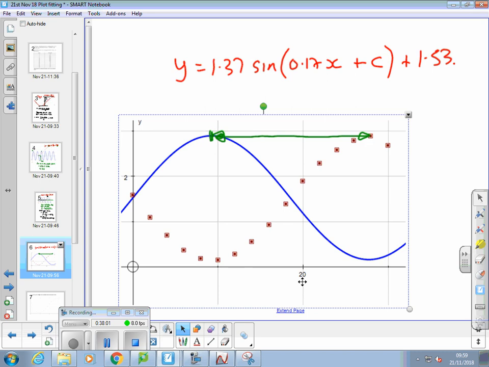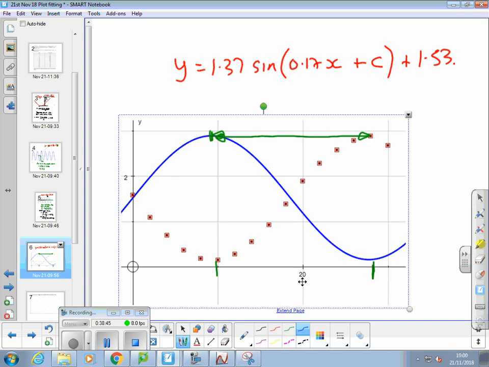It isn't always this easy, but here we can see it's pretty close to half a cycle, between there and there. This is on 10 seconds, and this peak is on, no, hang on, 18 seconds. So about half a cycle.